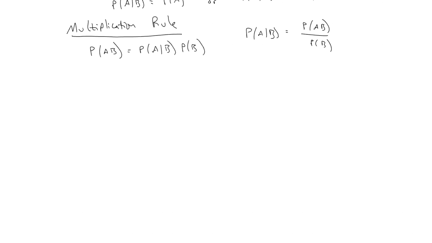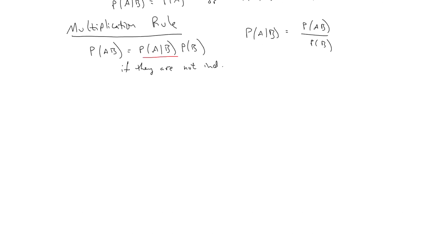That holds if they are not independent. But if they are independent, what is the probability of A given B? Nolan, what's another way to simplify this term? Exactly.